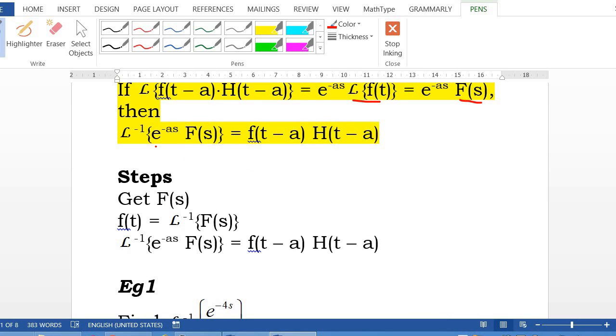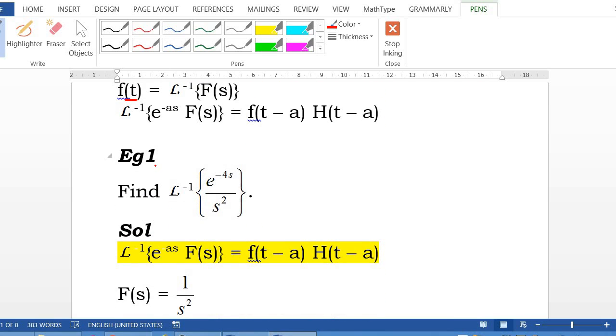In a given case, for the inverse Laplace of e^(−as)F(s), identify your F(s). From F(s), take the inverse Laplace of F(s), then you get your f(t). From f(t), you change t to t − a, and then multiply by H(t − a).